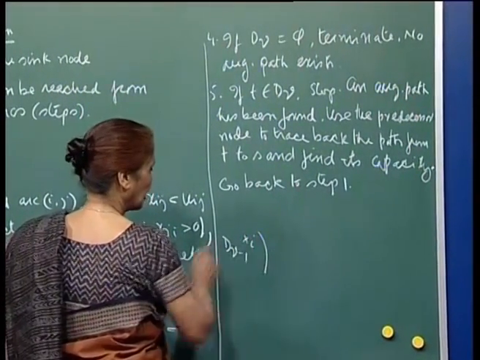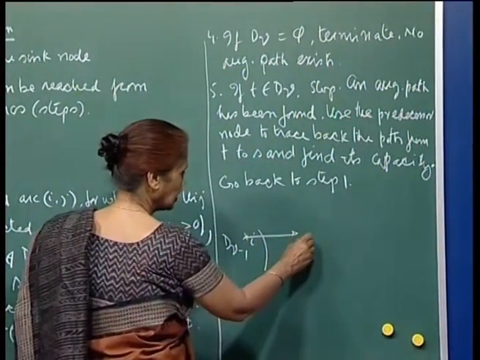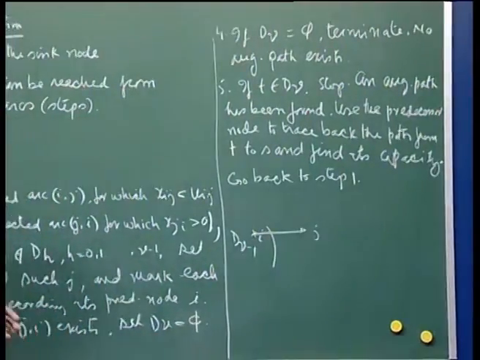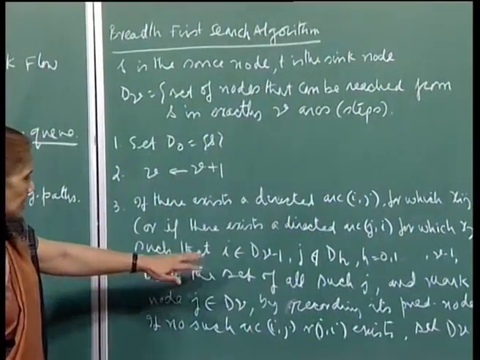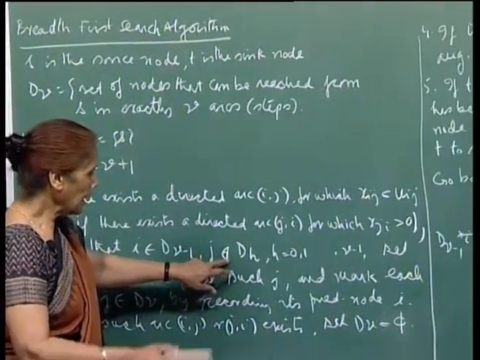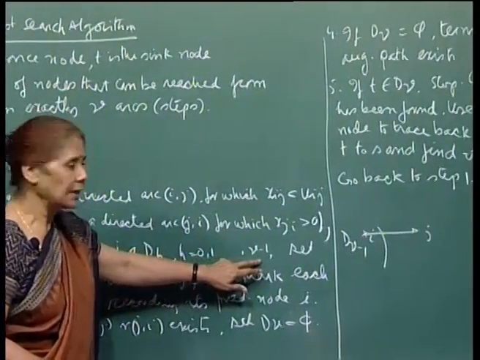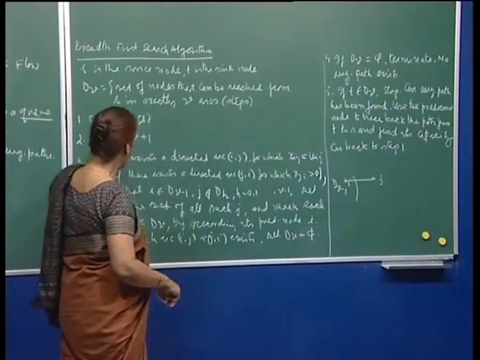So, node i is here, and I am looking for arcs which are either like this, to a node j. See, I am iteratively constructing the sets D nu. So, if i is in D nu minus 1, then j should not be in any of the D h where h varies from 0, 1 to nu minus 1. That means it should not be in the sets which have already been marked.